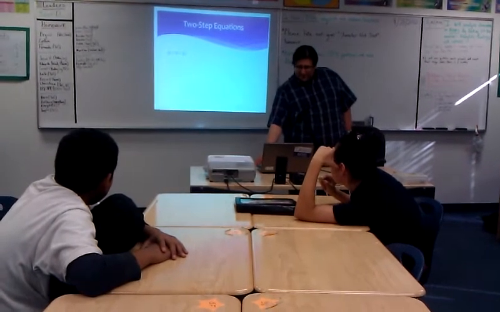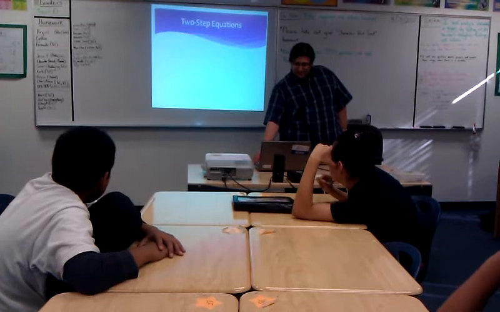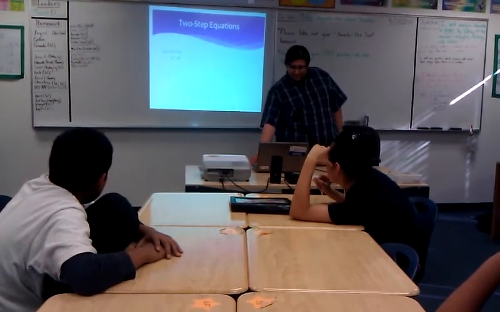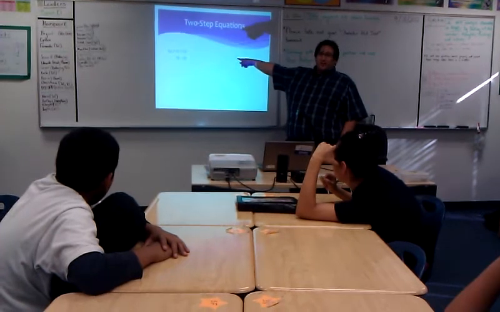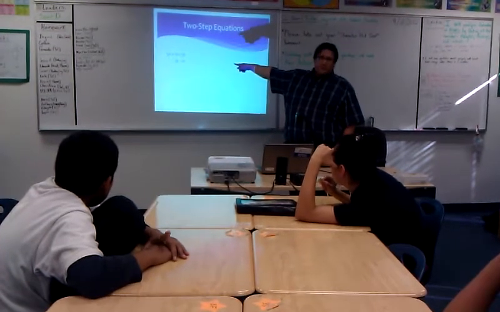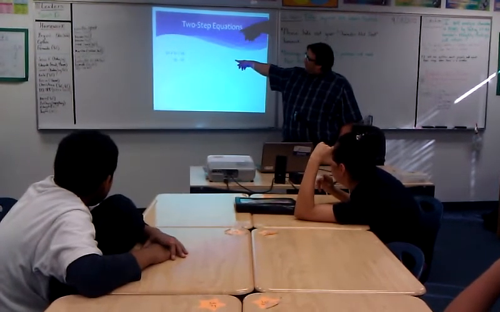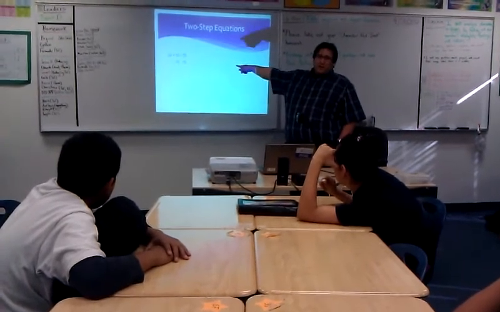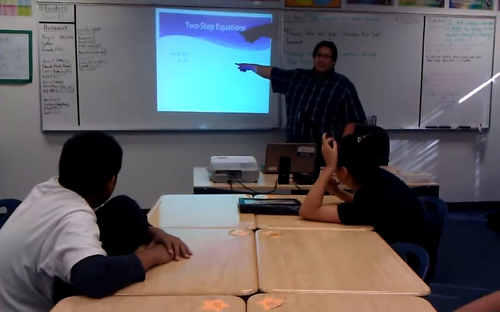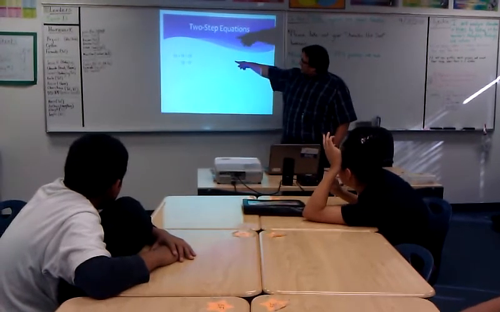Okay, so our first step. Since 12 is a positive integer, we want to put a negative integer with it in order to move it over to the other side of the equal sign. So we have a positive 12, we subtract 12. Positive integer, negative integer. Remember, the equal sign is like a mirror.